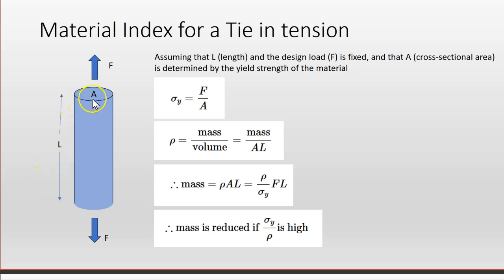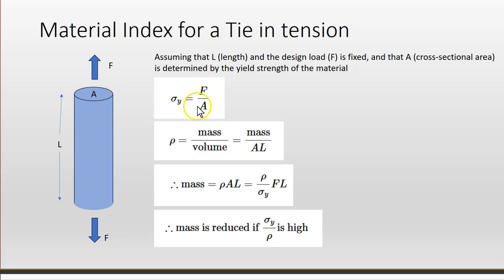If the length of the tie is fixed by our design, and as is the load that it will experience, then what we want to do is change the cross-sectional area. The cross-sectional area will have to be large enough such that the material will not permanently deform under the load F.